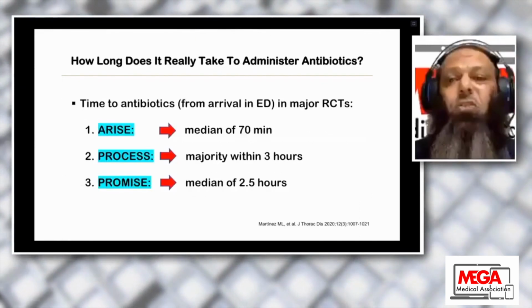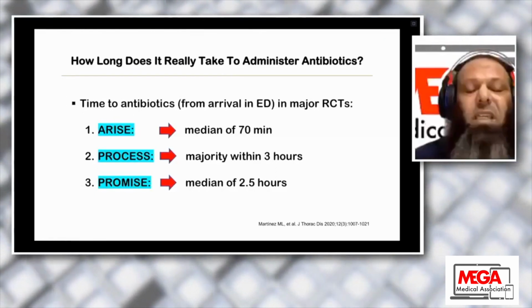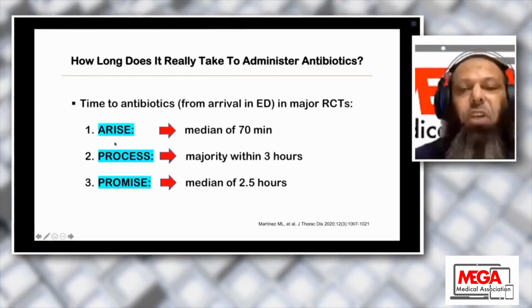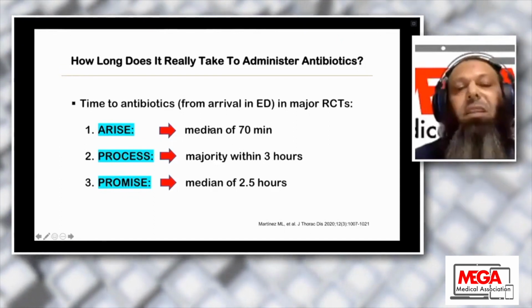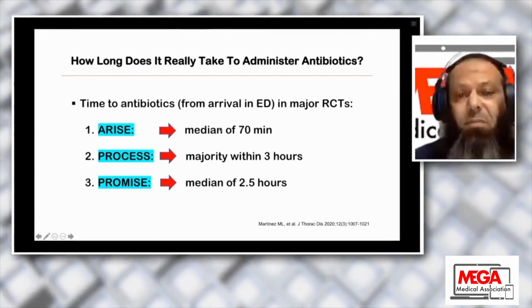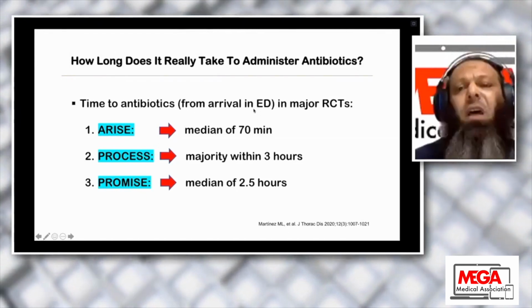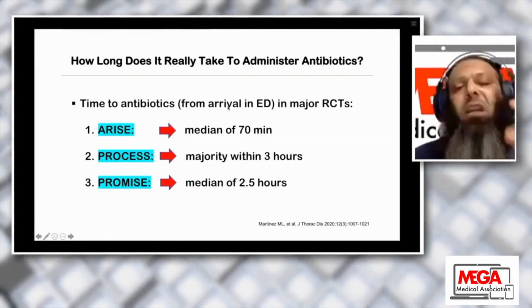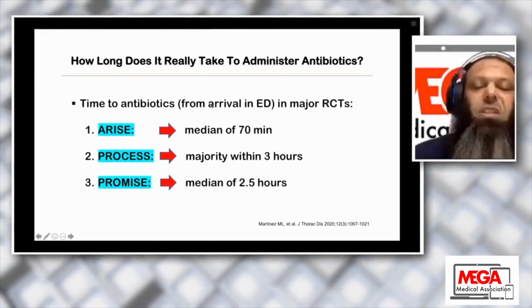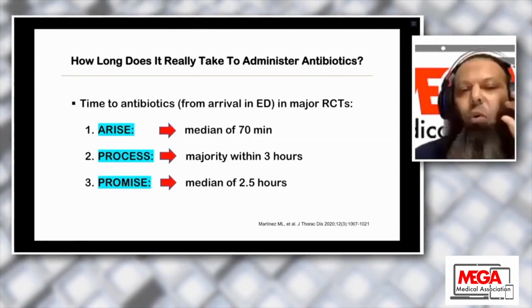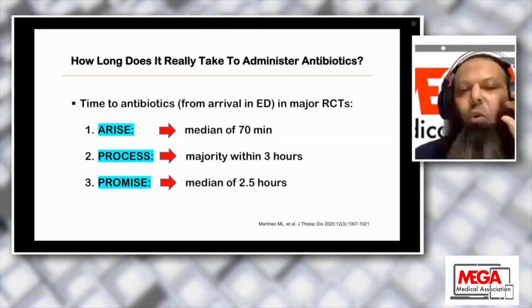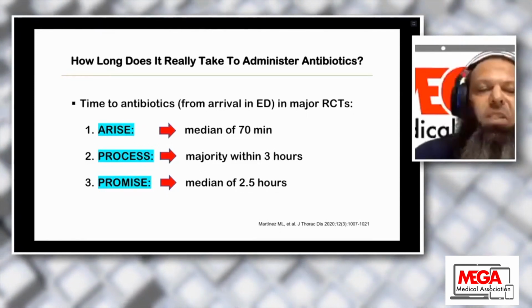So how long does it really take to administer the antibiotics? Yes, they studied this, and there were 3 RCTs, ARISE, ProCESS, ProMISE. All of you know about it. The median delay of the antibiotics was from arrival in the ED, not from the diagnosis of sepsis. This is a very controversial point, whether you want to calculate from arrival to the ER or from sepsis diagnosis.